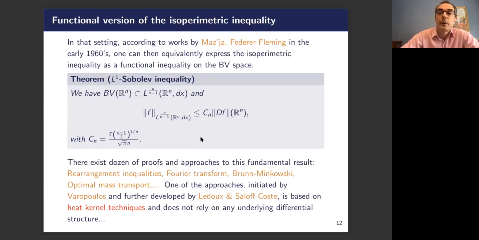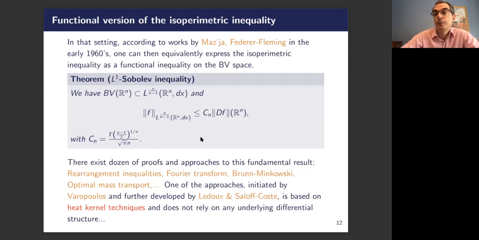This proof took some time to be developed in full generality, and goes back to preliminary works by Varopoulos that were then further developed by, among others, Ledoux and Saloff-Coste. An interest of this proof is that it uses very little structure of the underlying space.